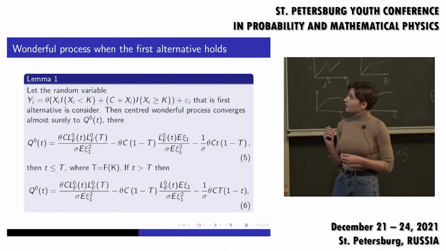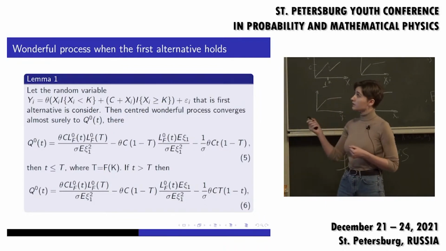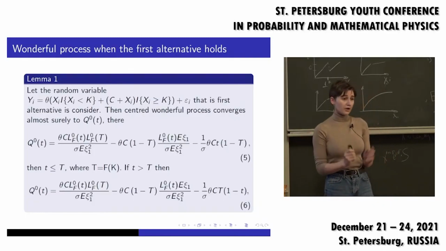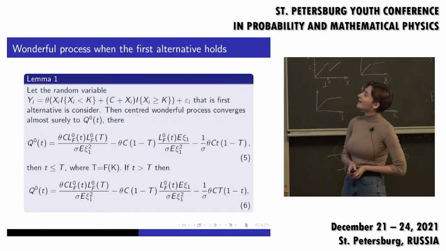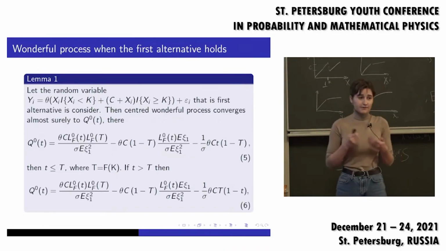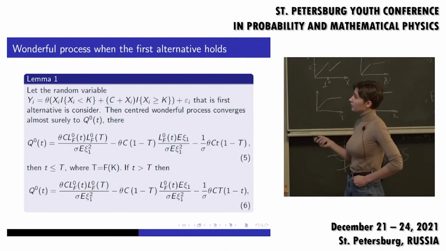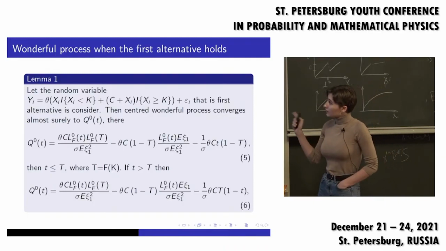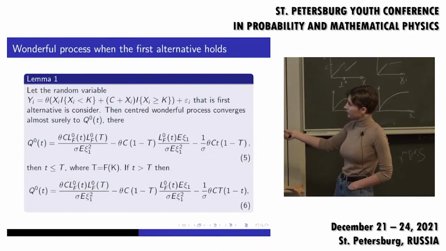I will speak about all the theory, taking the first alternative as an example, to not take so much time. And let the first alternative hold. Then the centered wonderful process converges almost surely to Q0 of t, where there is some mistake, where t is less or equal than t capital, whereas t capital is this.